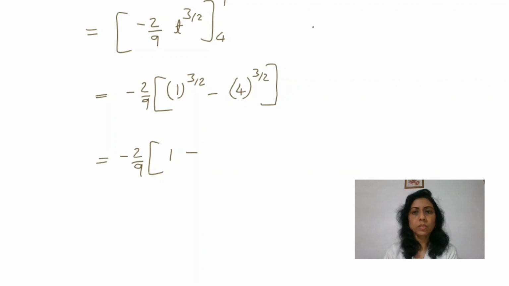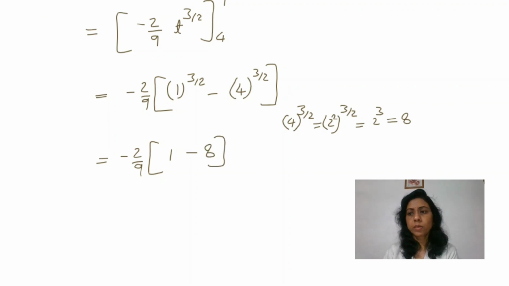So 4 to the power 3 upon 2 means 2 square to the power 3 over 2. Power to the power, multiply: 2 times 3 upon 2, the 2 cancels, we get 3. 2 to the power 3 is 8. So we write 8 here.